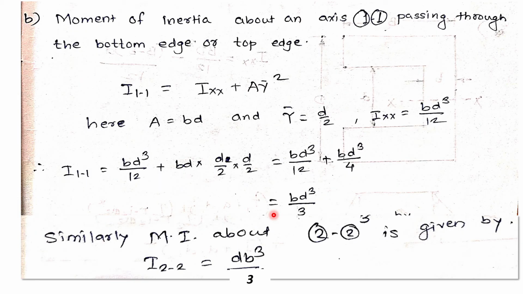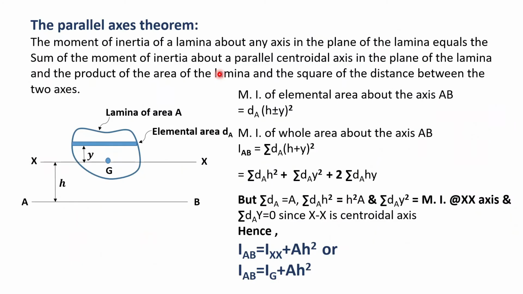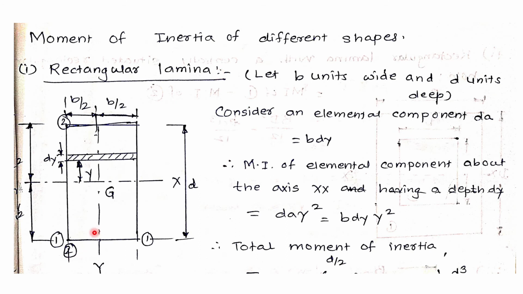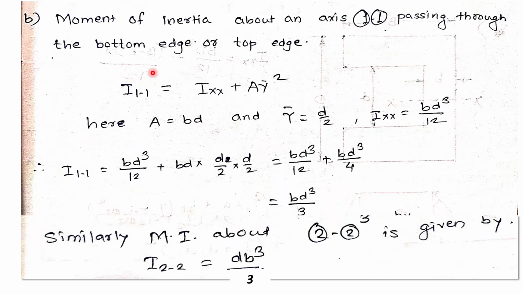Now the next part: the moment of inertia about an axis 1 1 passing through the bottom edge or the top edge. Here you can consider the same diagram, dear student, but taking the reference axis at the bottom. Let us find the moment of inertia by applying the parallel axis theorem.